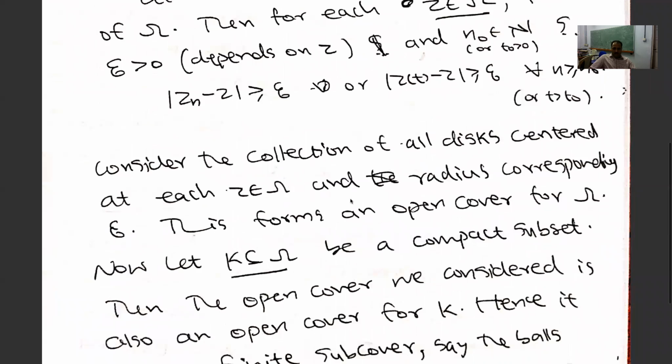Now we consider the collection of all such disks centered at each point Z. Since we are running over all elements in omega, it will give you an open cover for omega. If you start from a compact subset of omega, then this will form an open cover for this compact subset also.